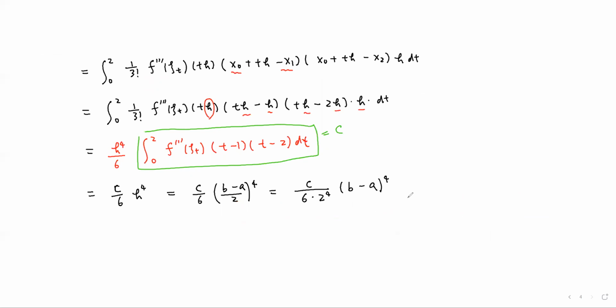Now, in order to improve this error, let x0 be a, x1 the midpoint, x2 the right endpoint, and x3 arbitrary.